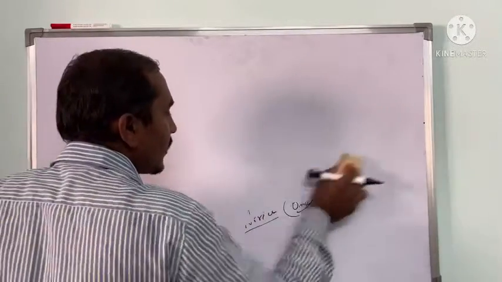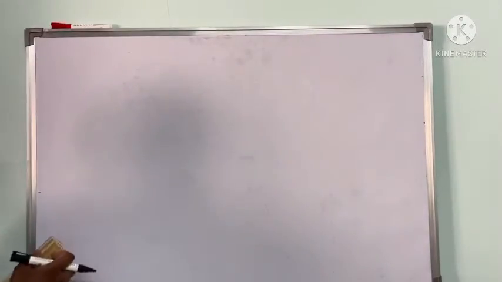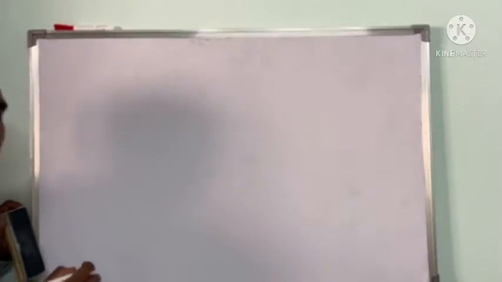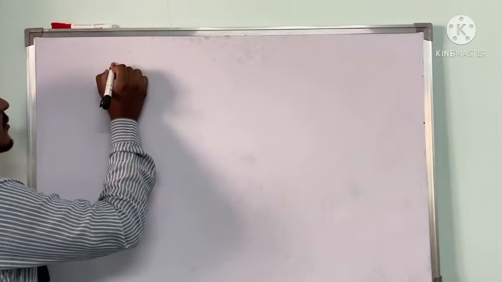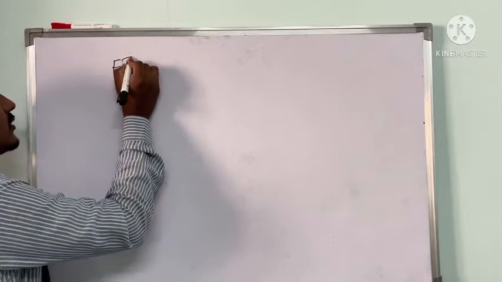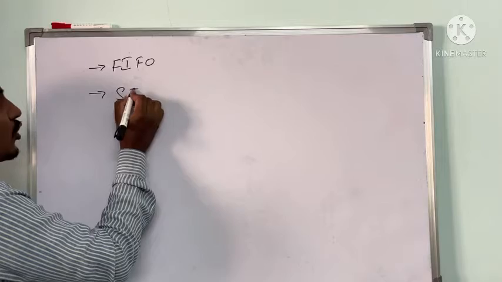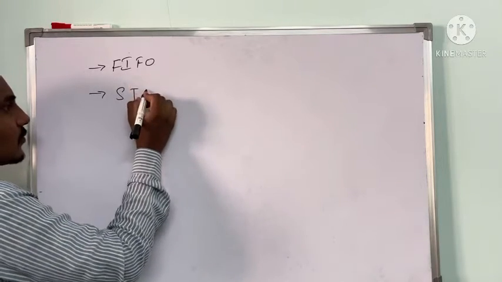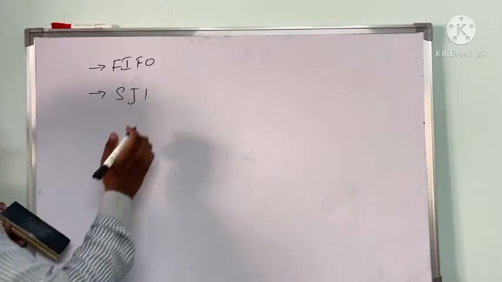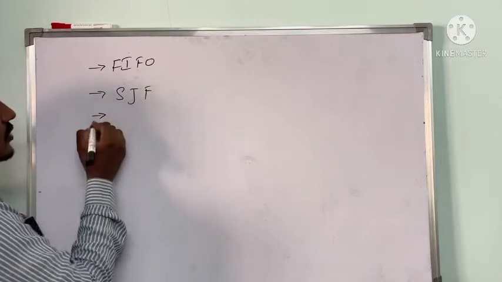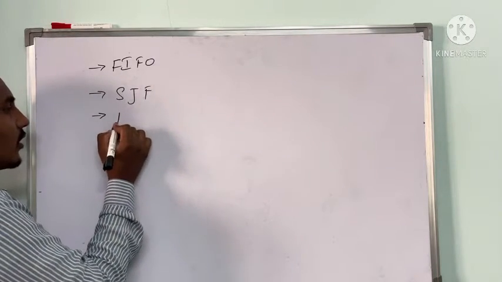Now, we have different types of scheduling methods. First we have first in, first out. We have shortest job first, and we have round robin.